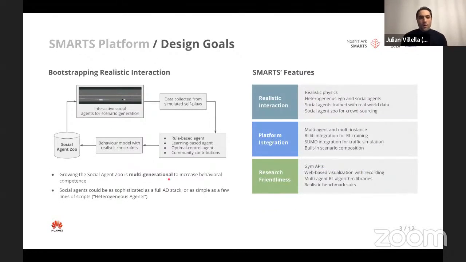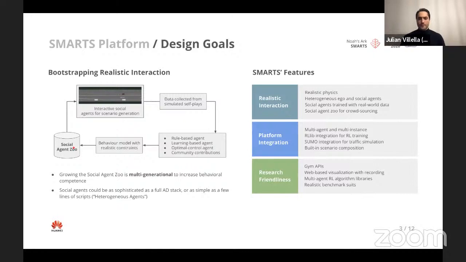So I want to highlight one main design goal of SMARTS, and that's realistic interaction. In this loop, we start off with a diverse set of agents. That can be, let's say, rule-based agents from scripts. It could be more complex learning-based agents. It could be classical control or community contributions, let's say from a competition. We take these agents and host them through the social agent zoo.